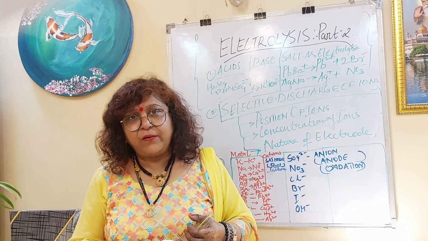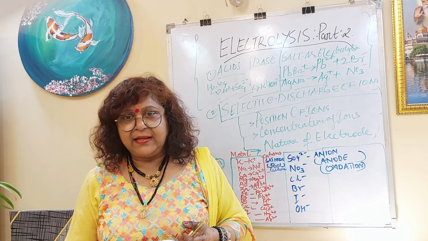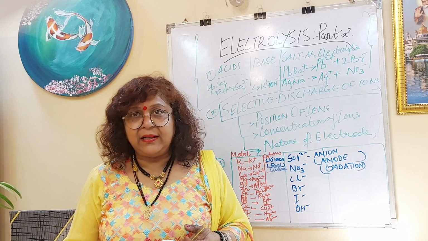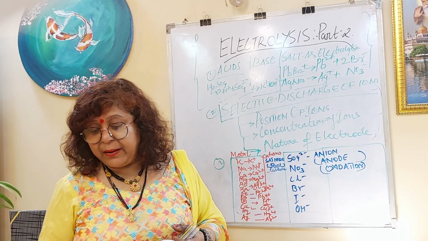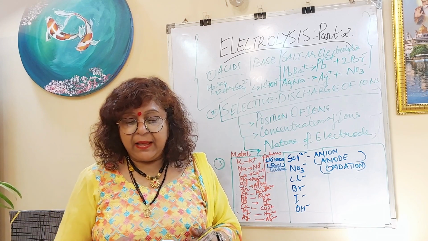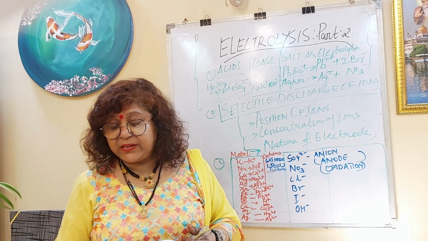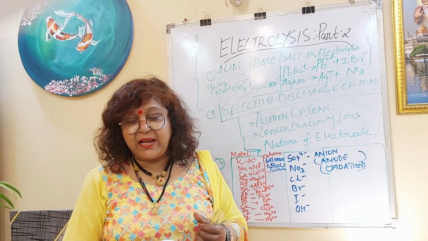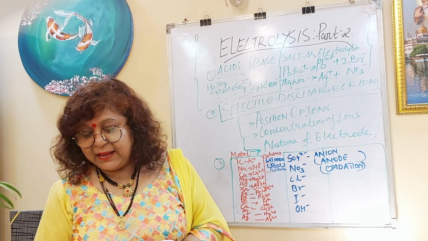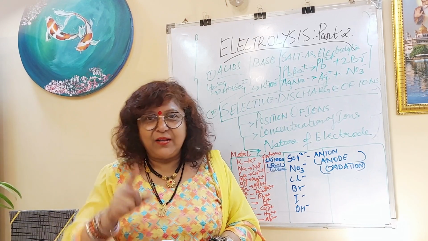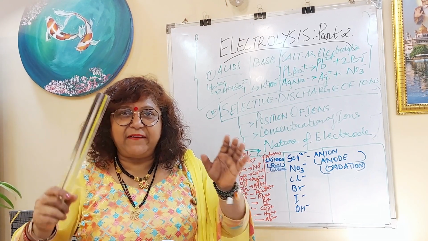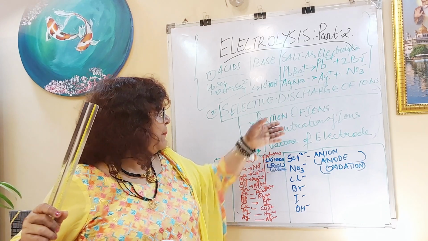If the electrodes are active, like copper, nickel, silver, the anions migrate to the anode but are not discharged. Instead, the active electrodes lose electrons and form ions at the anode. So, active electrode and inert electrode: these are the things on which the selective discharge of ions depends.